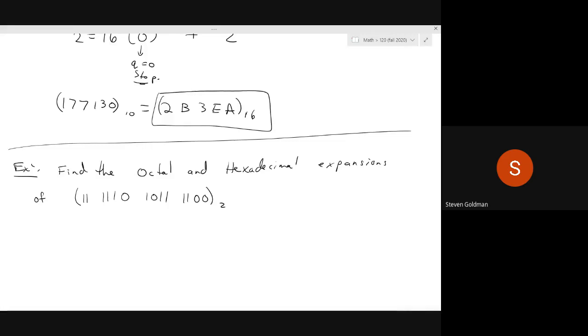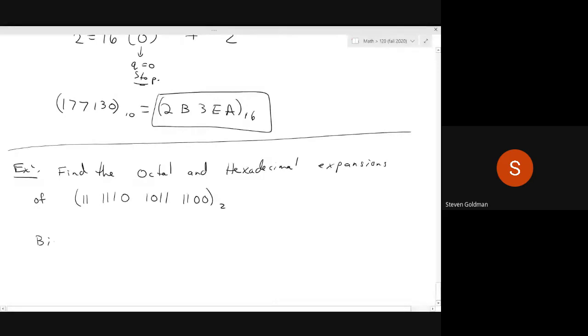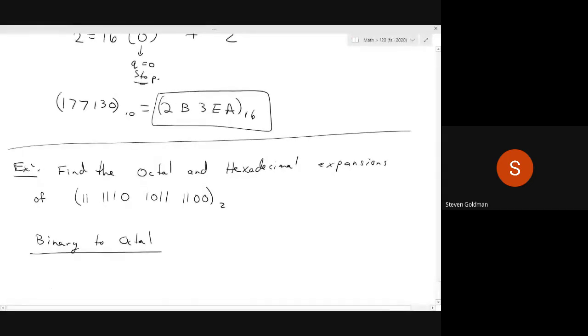So for octal, we go from binary to octal. What we're going to do is take this binary number, and starting from the right-hand side, break it up into blocks of 3 digits. And then I'm going to convert those blocks to octal numbers.